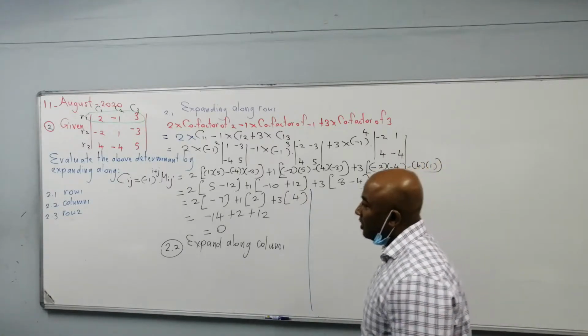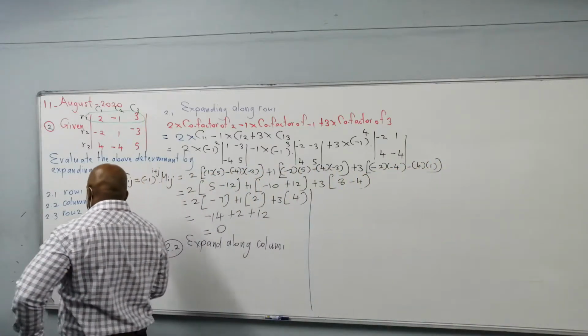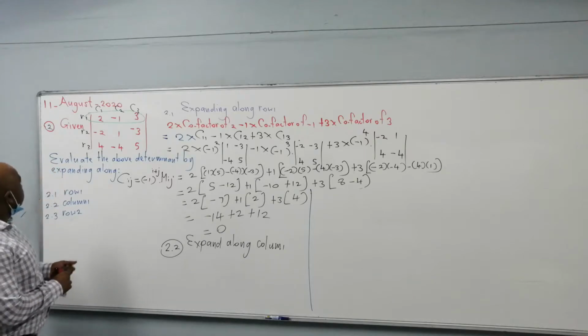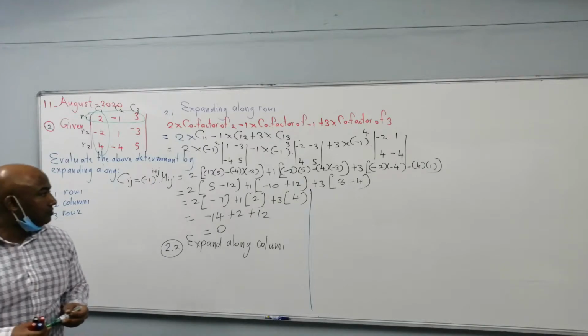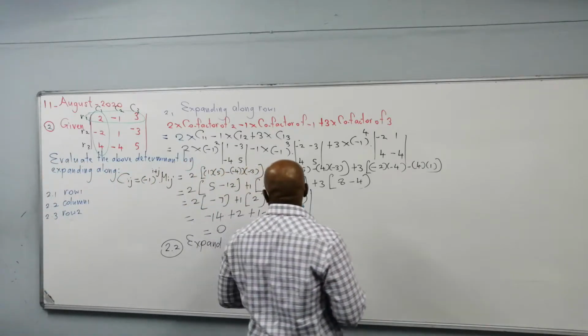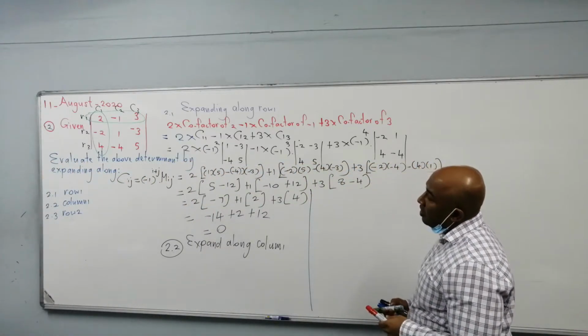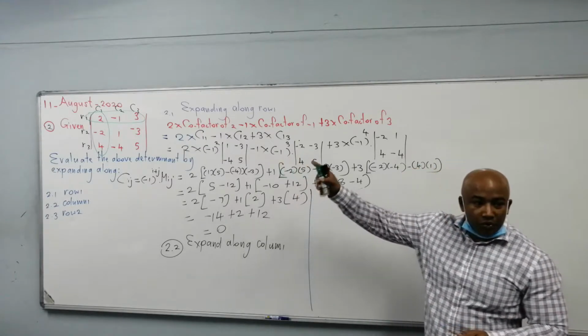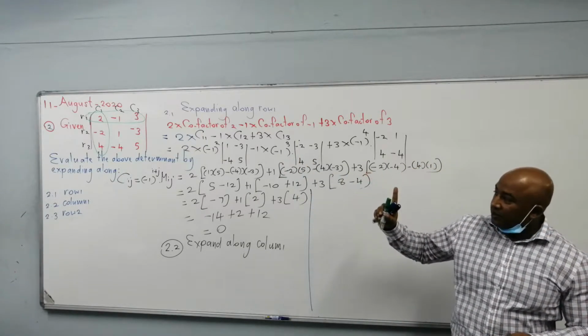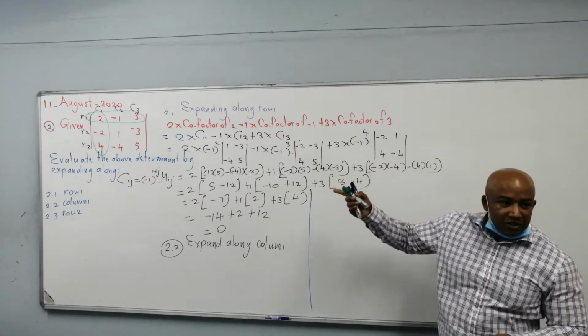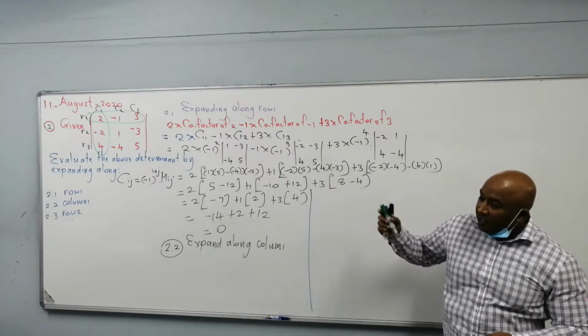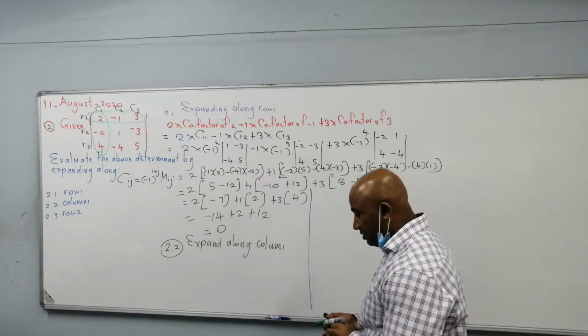So in column 1, what do we have here? So in column 1, we have the numbers 2, minus 2, and 4. So we're going to go 2 times the cofactor of 2, minus 2 times the cofactor of minus 2, and 4 times the cofactor of 4.